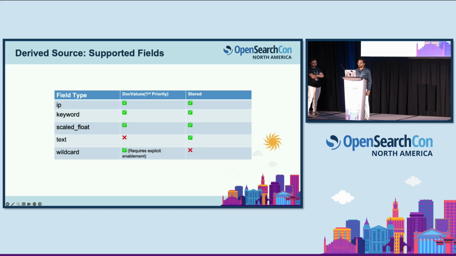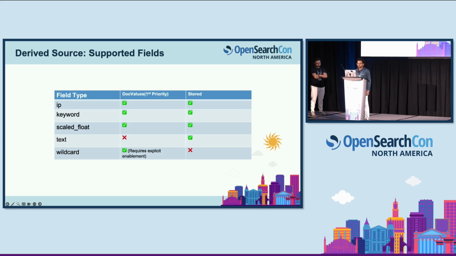For tags, as we know, it doesn't make any sense to store the stored field or doc values, because we don't support sorting and aggregation on the tags field, it's more on a term basis. So that's why we only store the field. So we regenerate the source from the stored field instead of doc values there.